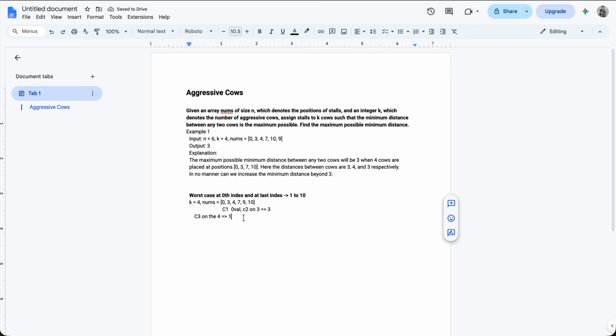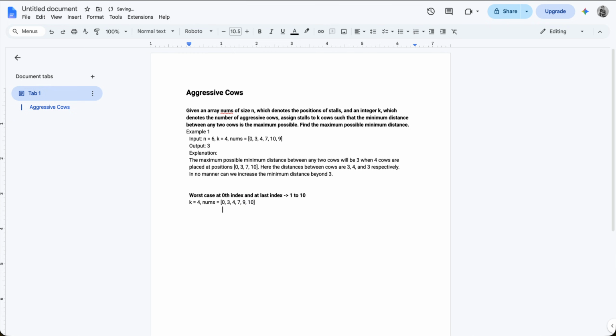Now we have to place the last cow c4, and we can place it on 7. After 4, 5, 6, 7, sorry, the distance is 3. So in this way I found that 1 is possible as an answer.